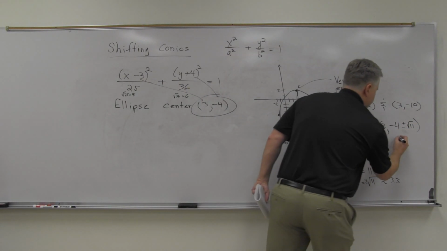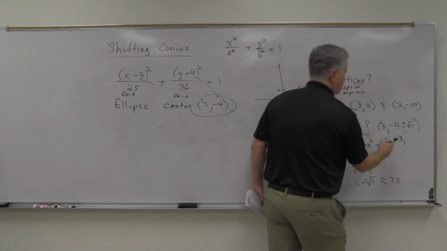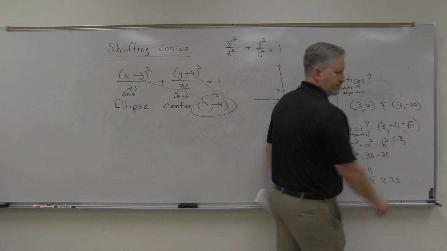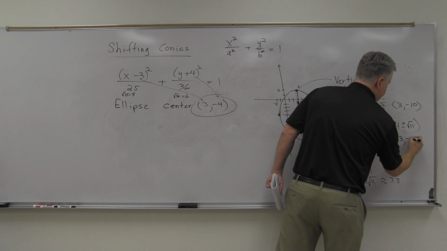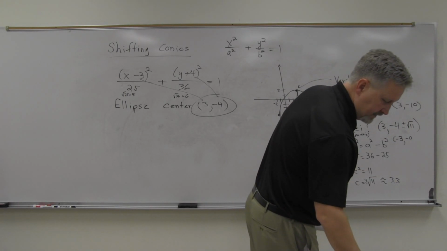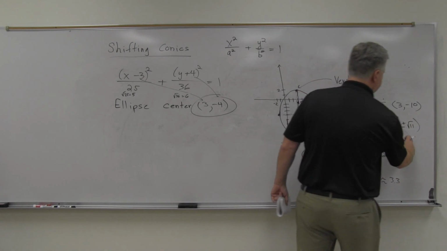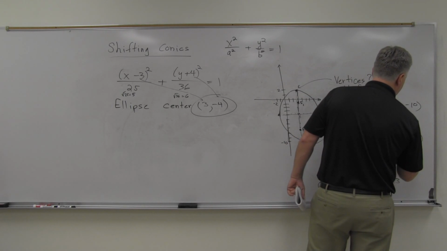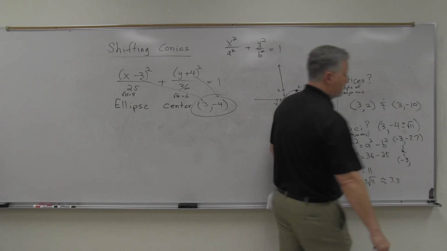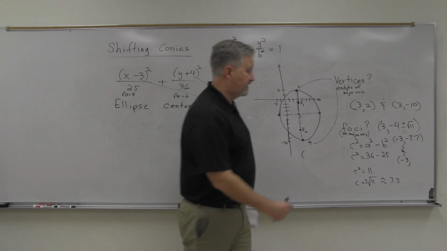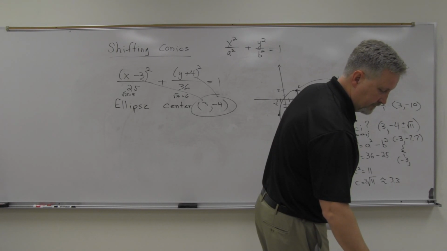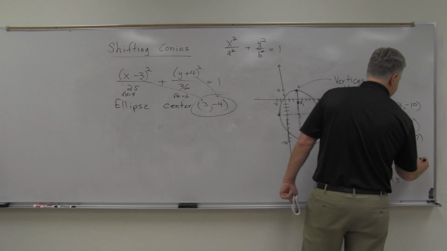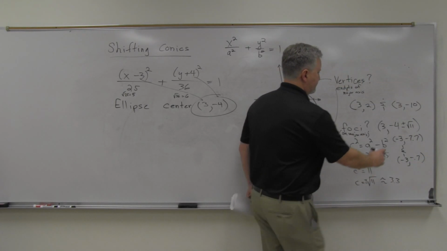So we want to be a little more specific. Let's see, -4 plus 3.3, that's going to be -0.7. And -4 minus 3.3 is -7.3.